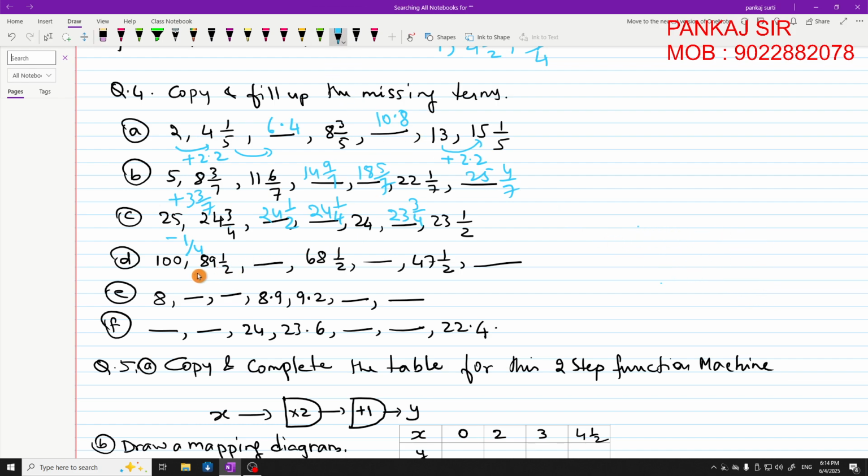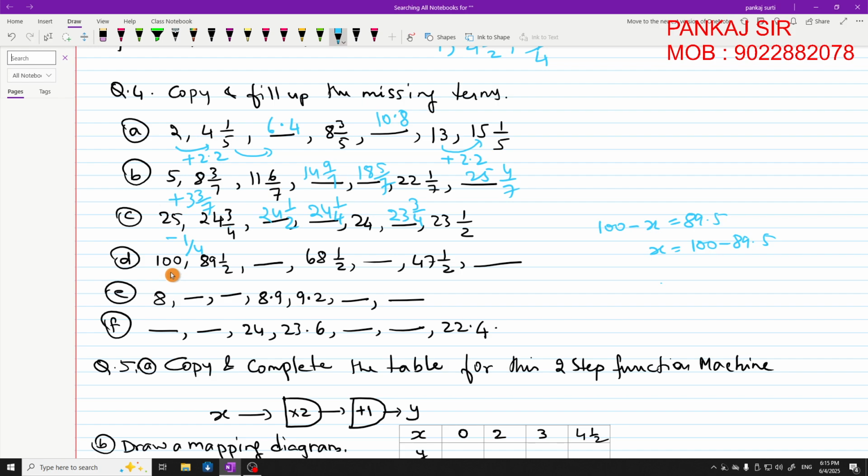Next is 100. Now from 100 to 89.5. So what will be 100 minus something equal to 89.5, right? So that something will be 100 minus 89.5, right? So 100 minus 89.5, 89.5 is 21 by 2 according to me.